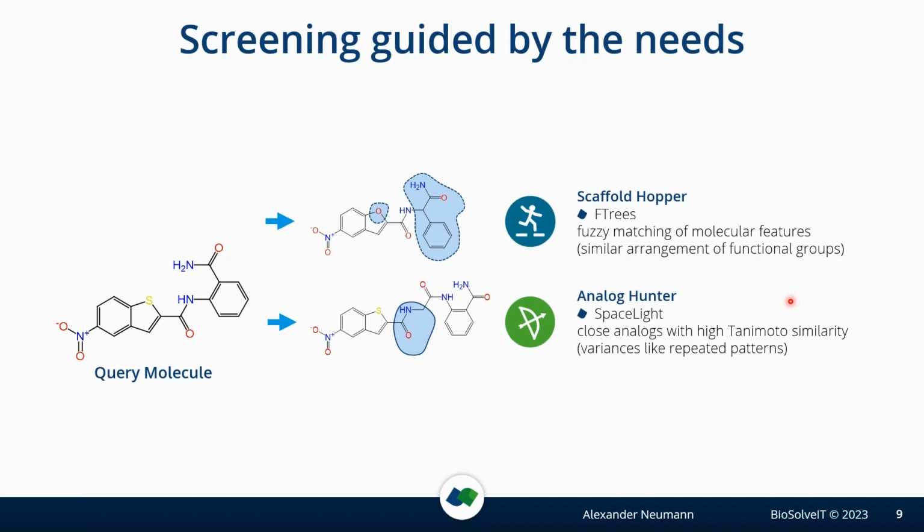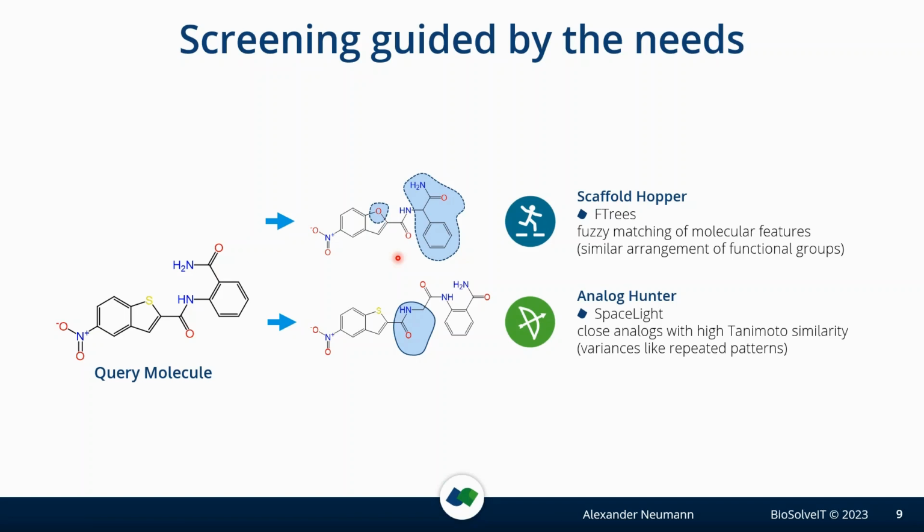So many of you have heard or used already or are still using the F-trees approach. F-trees is our fuzzy matching of molecular features. So we are searching for fuzzy pharmacophore features within those fast chemical spaces and retrieve compounds that are somewhat similar to your query compound. So we just look for something that has a similar arrangement of functional groups, which allows you to perform pretty interesting scaffold hops.